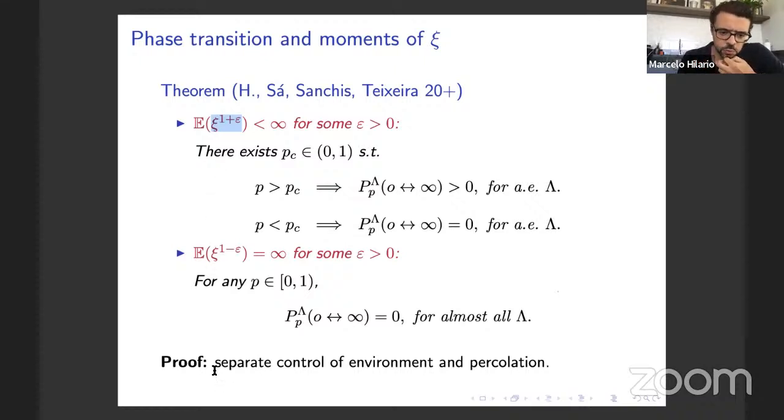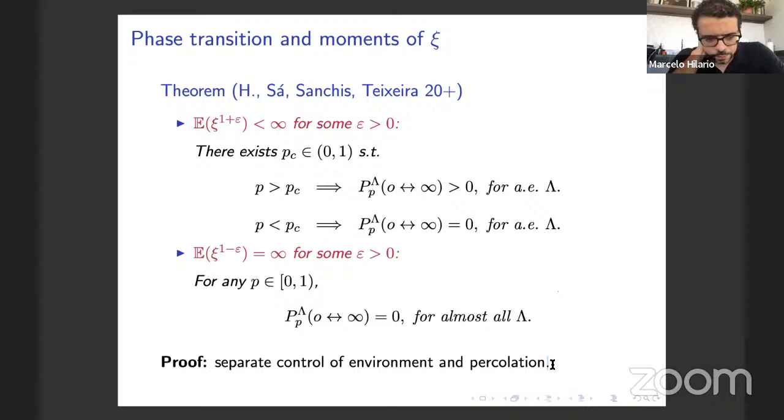Okay, so the proof is based on a separate control of the environment. First you try to control the environment, and then on top of the environment, you try to control percolation, and this is usually done using some kind of renormalization techniques.